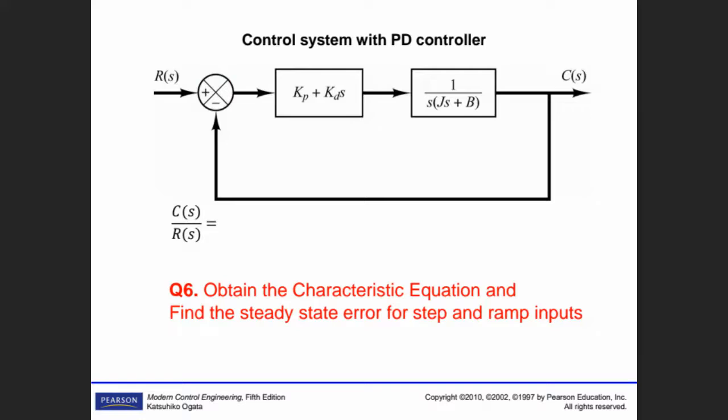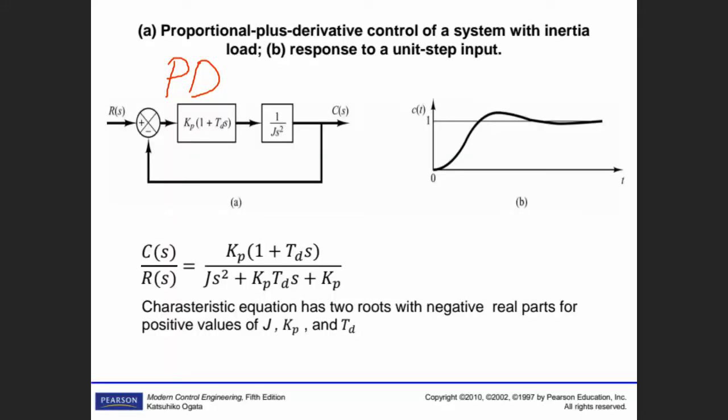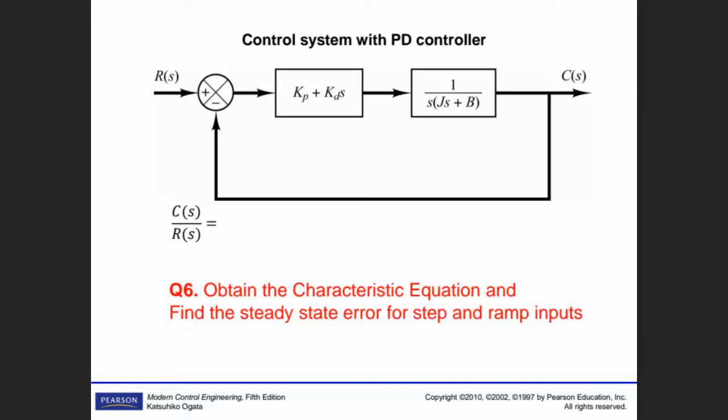And that is, I already did it, Kp plus Kd s. The same thing. But wait, sorry, this is different. It's a second order system. Do you remember? Have we sorted out that one before? I think we did.